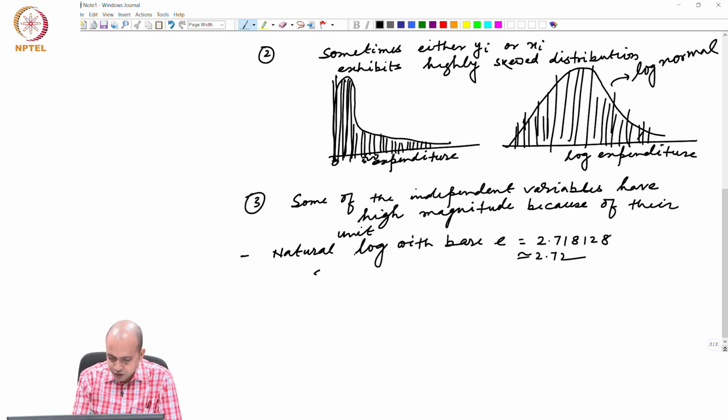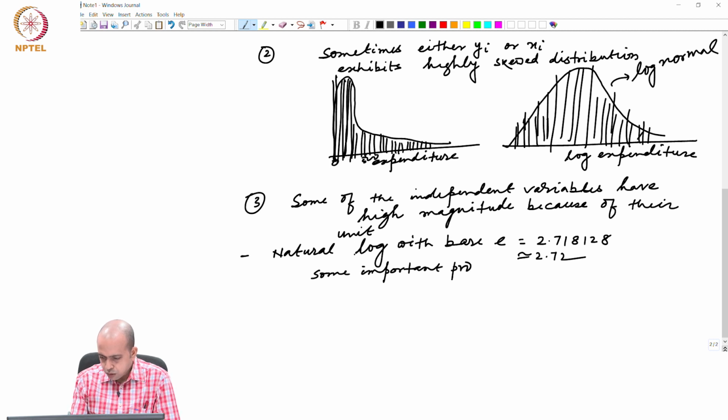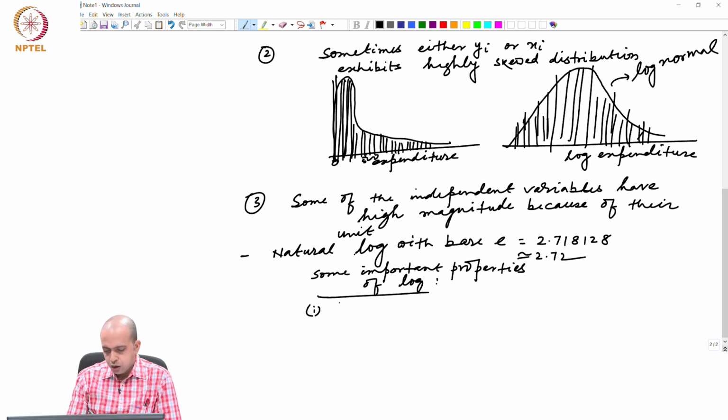Some important properties of log. First of all, since we are considering natural log, which is base e, log of e equals 1.